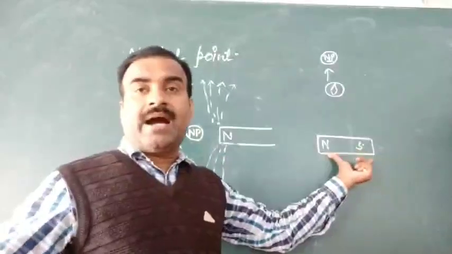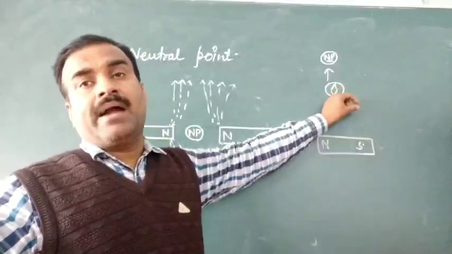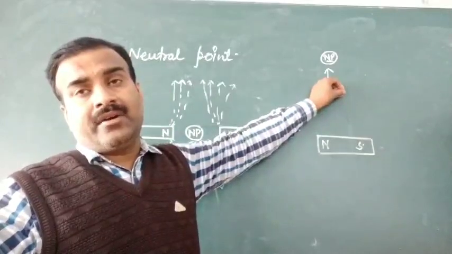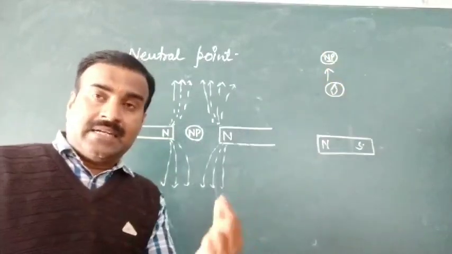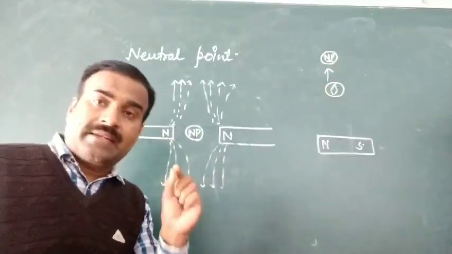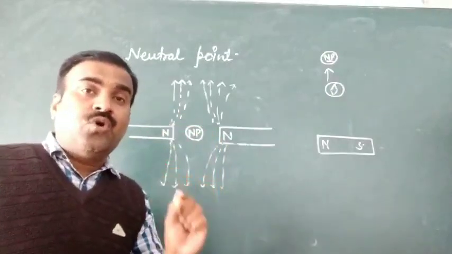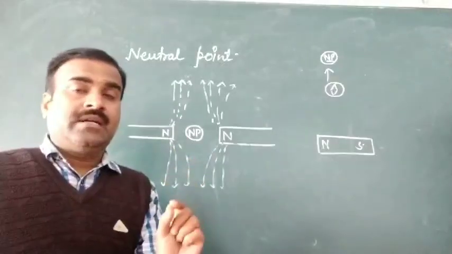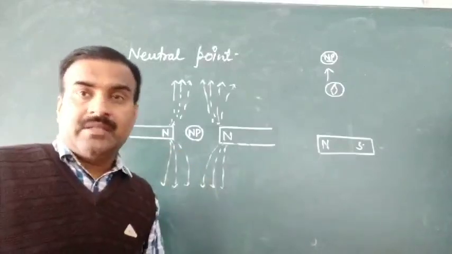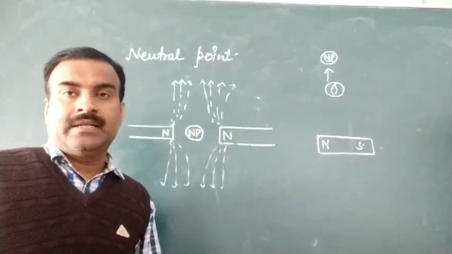If we take a bar magnet, then take a magnetic needle and shift it, at a certain distance we will get the deflection by the magnetic needle, but at a certain point there will be no deflection in a particular direction. Such a point is known as the neutral point.